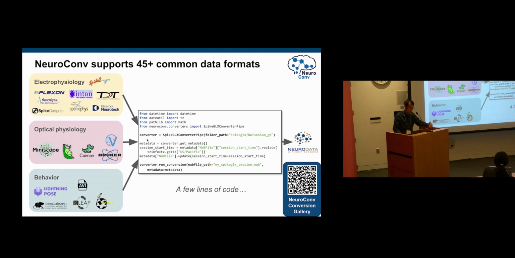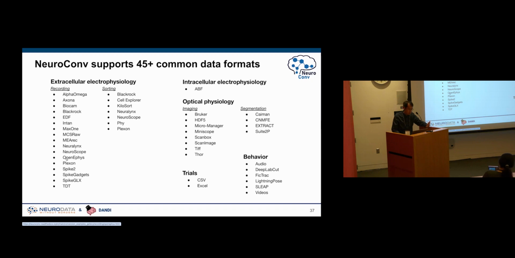In addition, you can also use NeuroConv to combine data from multiple file formats, just like in guide. So your SpikeGLX, and then you can add a Phy conversion or a Suite2P imaging, etc. And so here's a list of the 45 plus formats that NeuroConv supports.